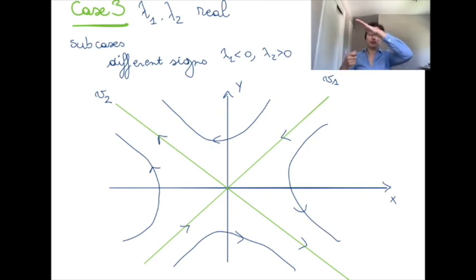If v1 is dragging you to 0, 0, if you're just off v1, you'll still be dragged to 0, 0 until you're close to v2, and then you're going to be kicked out. This gives you the general understanding that things that are not exactly on the eigenvector are going to be dragged towards 0, 0, and then are going to explode away from it.